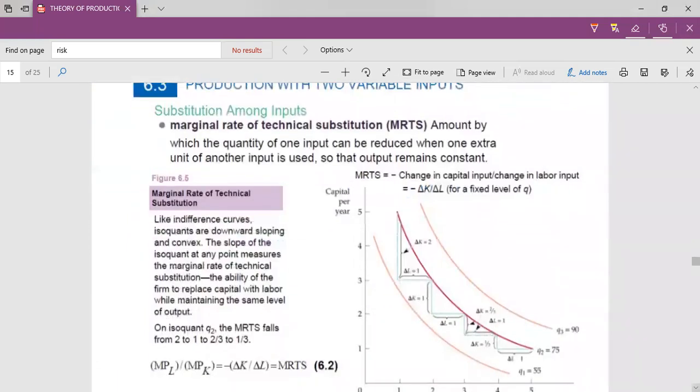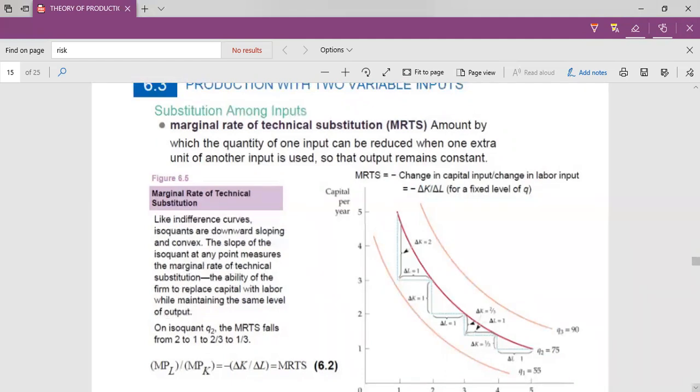Then for this, we have what you call the substitution among inputs, the marginal rate of technical substitution, right? If we have capital and labor, it will be the rate at which capital can be substituted for labor, or the rate at which labor can be substituted for capital.